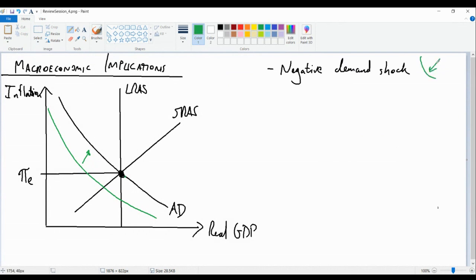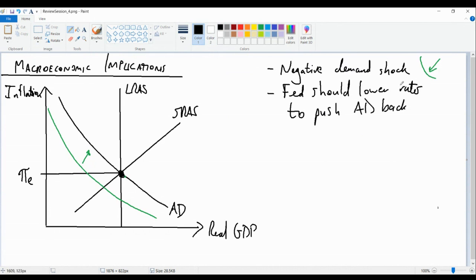That's the demand curve moving. The Fed should lower rates to push it back. And then Jean's question is, what happens in the market for reserves? Well, in order to lower rates, what does the Fed do?